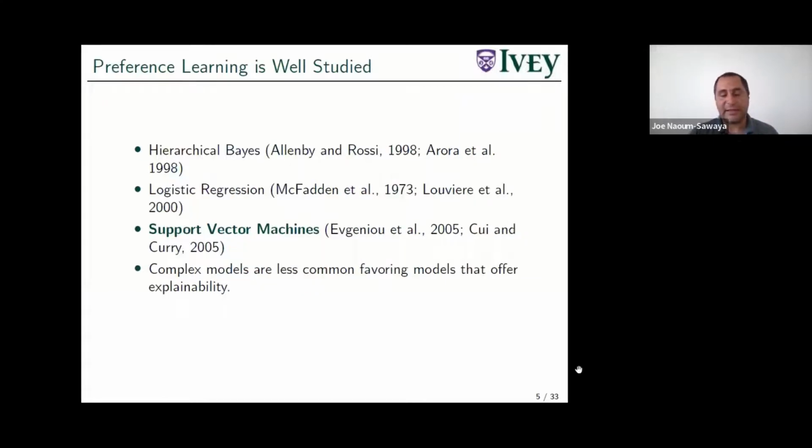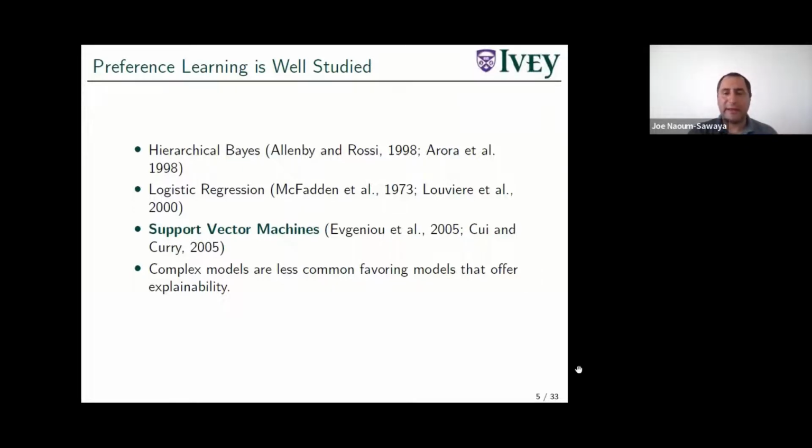As I said, this is not really new, so there has been a lot of work on preference learning going back to the 70s, the earlier work of McFadden in 1973. Since then there has been a lot of work looking at different machine learning type models to learn a consumer utility function.